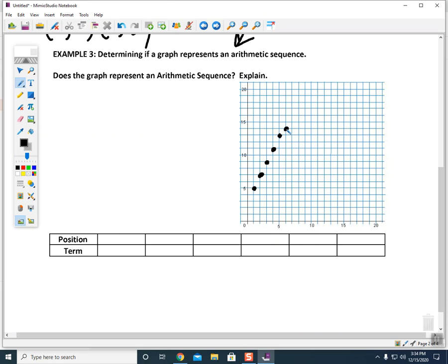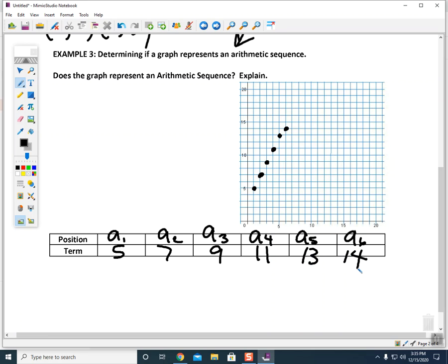And then let's fill these in. So I have position a sub 1, a sub 2, a sub 3, a sub 4, a sub 5, and a sub 6. So my terms are 5, 7, 9, 11, 13, 14.